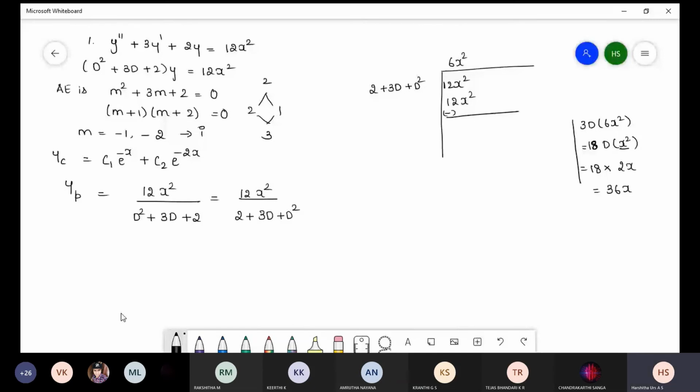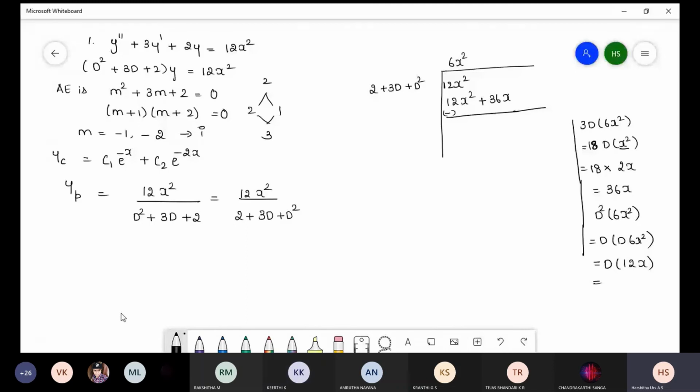Now again d square into 6x square. So here I split d into d of 6x square. What is the first differentiation of 6x square? 12x. Yes. Next, what is the second differentiation of 12x? 12.